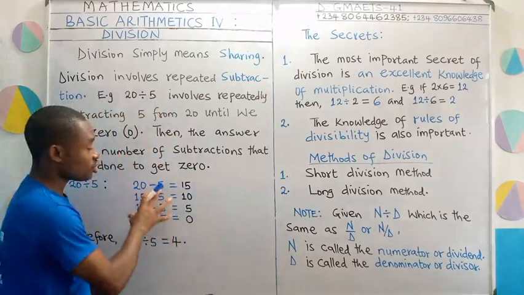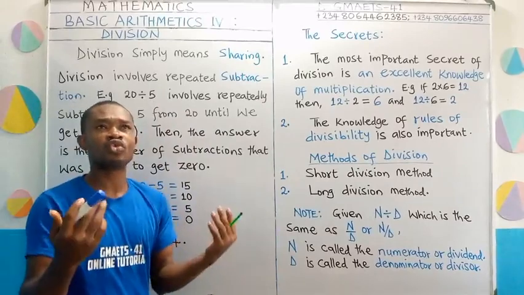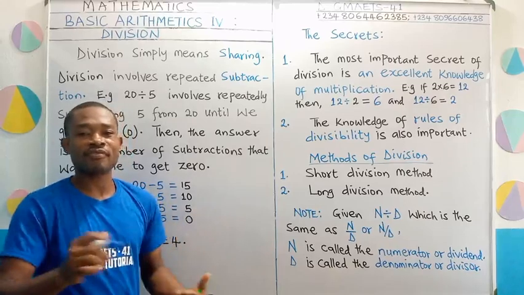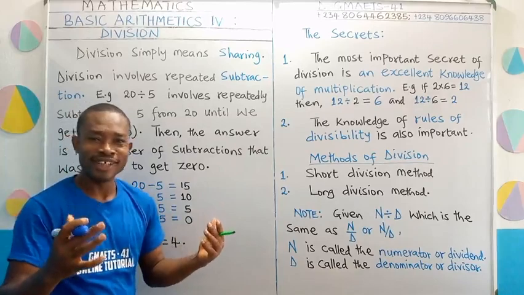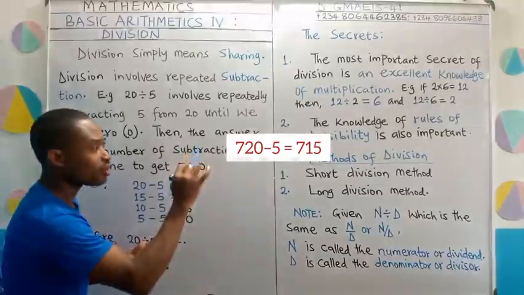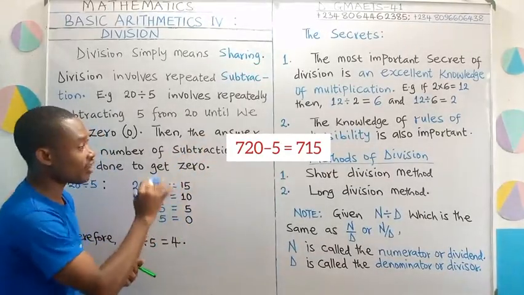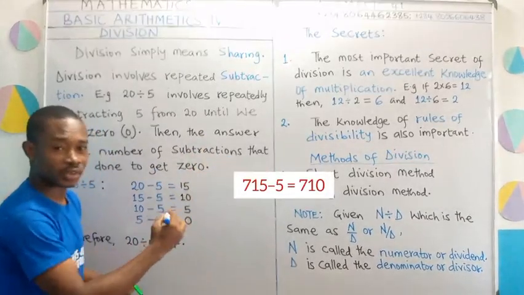Why I am not going to teach you this method is simple. Imagine if it were 720 divided by 5 that I gave to you. You will start, 720 minus 5 equal to 715. You can still subtract 5 again. 715 minus 5 equal to 710. You can still subtract 5 from 710.